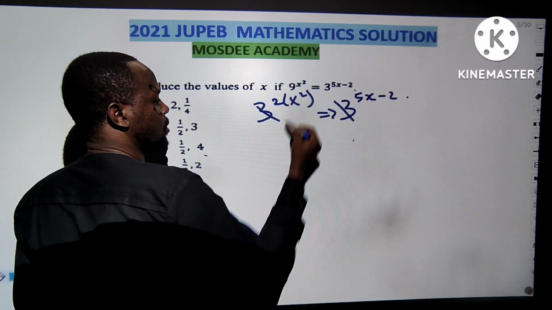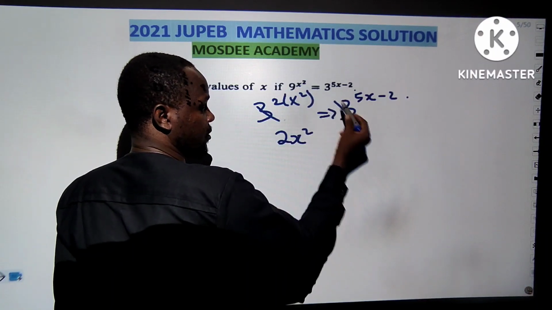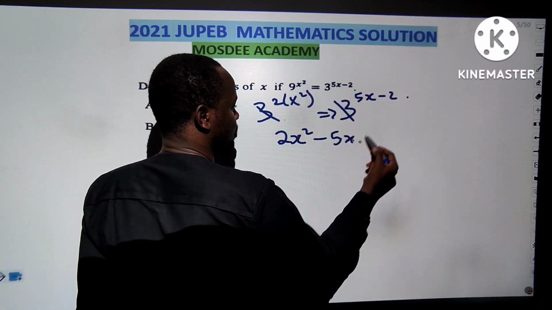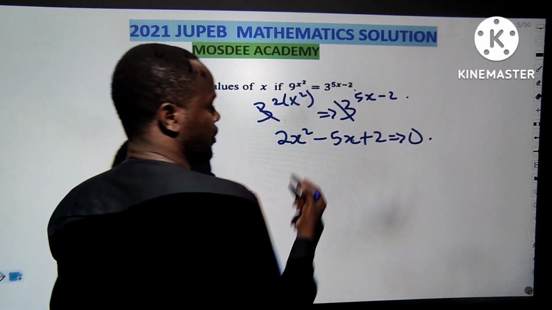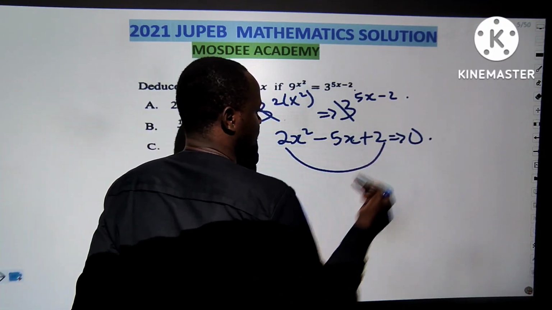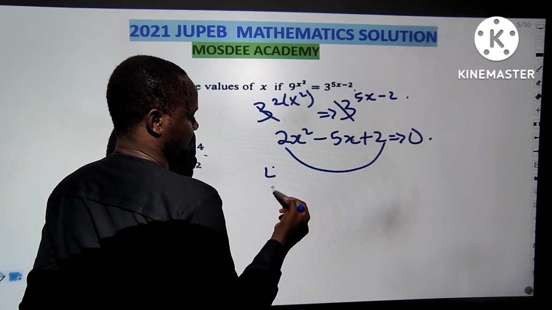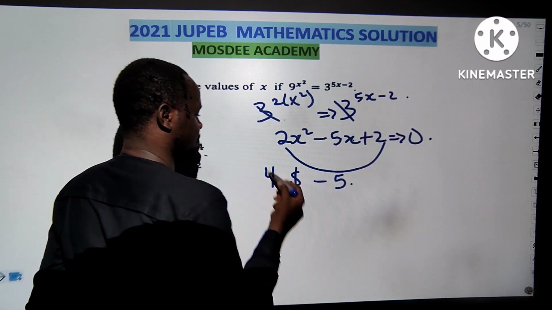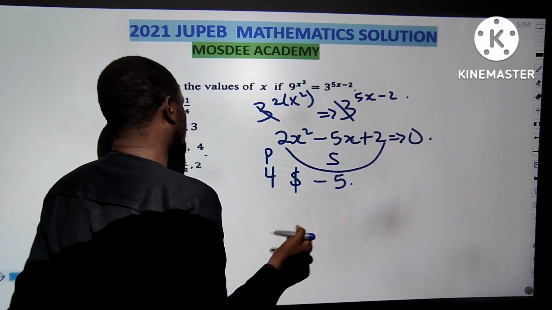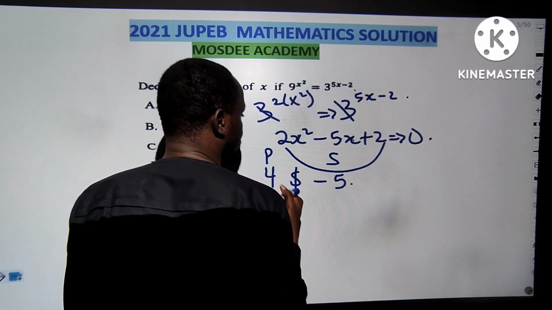This gets cancelled. That's 2x squared. I'm equating the power: 2x squared minus 5x plus 2 equals 0. Direct solution is two numbers that when you multiply you have 4, and when you add you have negative 5. This is the product, this is the sum. Everybody should know this, more like a quadratic equation.